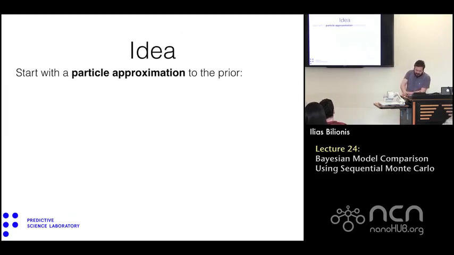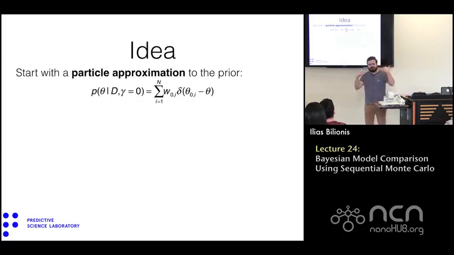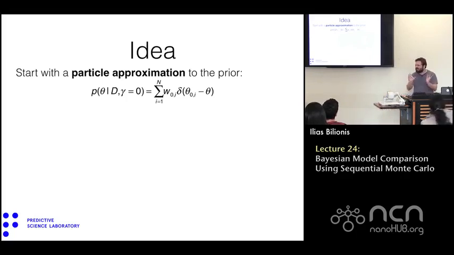All right, so the idea is to start with a particle approximation from the prior, and there are a lot of new concepts to follow here, so this may be a little bit challenging. So the particle approximation is basically an approximation of a probability density with a bunch of delta functions.